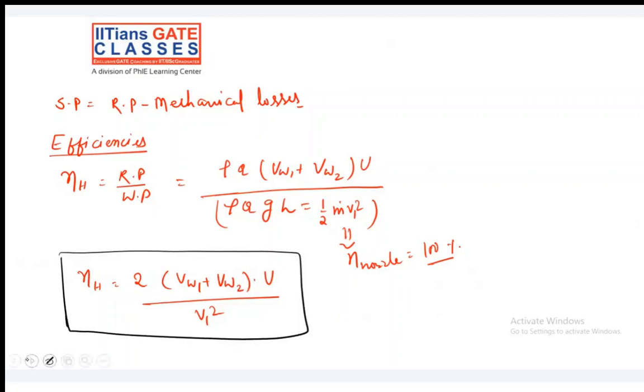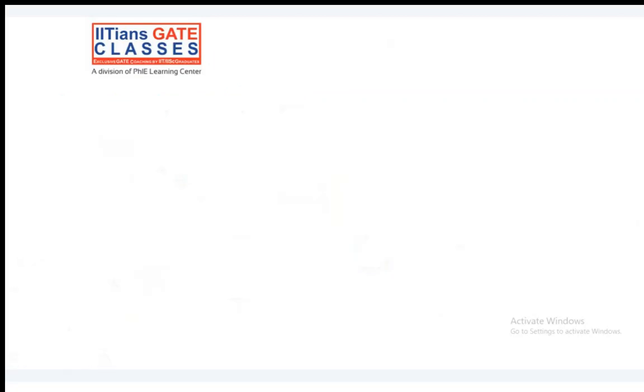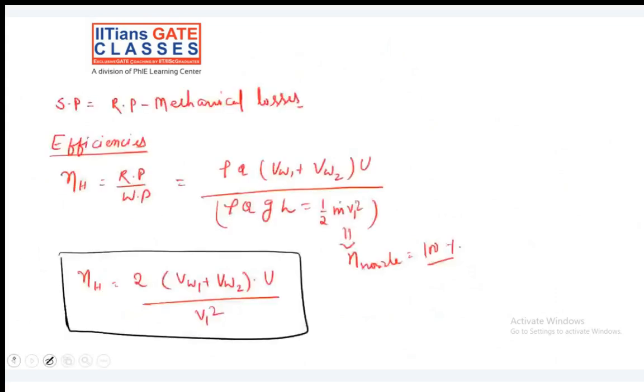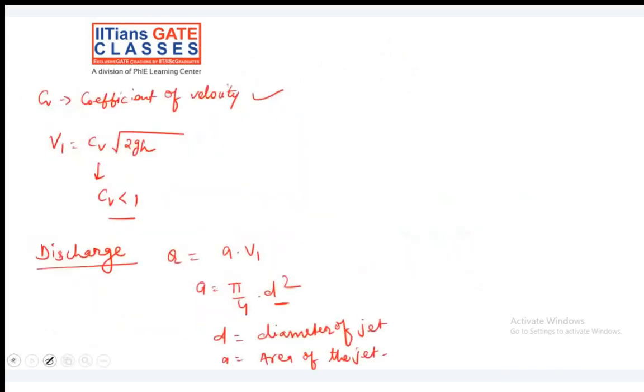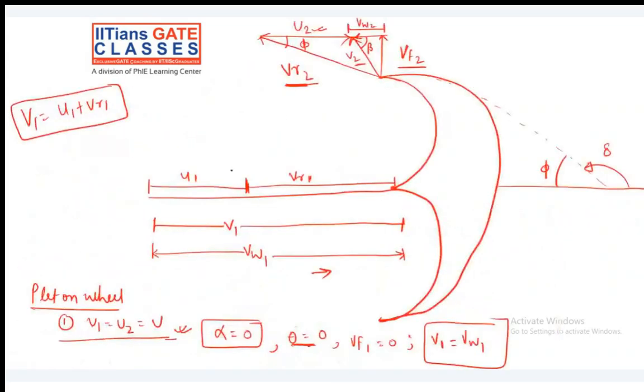One thing next. We knew that VW1 is equal to V1. And can we see from the velocity triangle where we have drawn here?